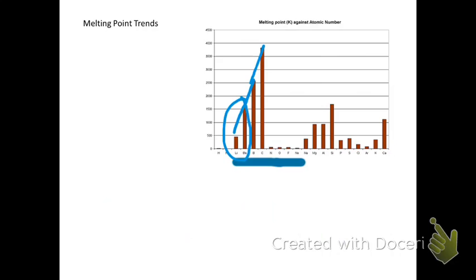But then what about boron and carbon? Well, why are boron and carbon so high? Especially carbon. Carbon has a huge melting point, and it's a non-metal. And boron is a metalloid. So what's going on there? Well, it turns out that especially with carbon, if you recall back, it forms giant molecules, or these covalent coordinated bonds.